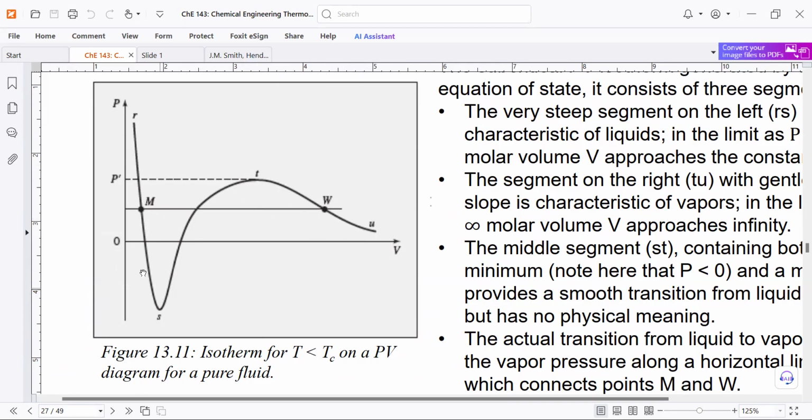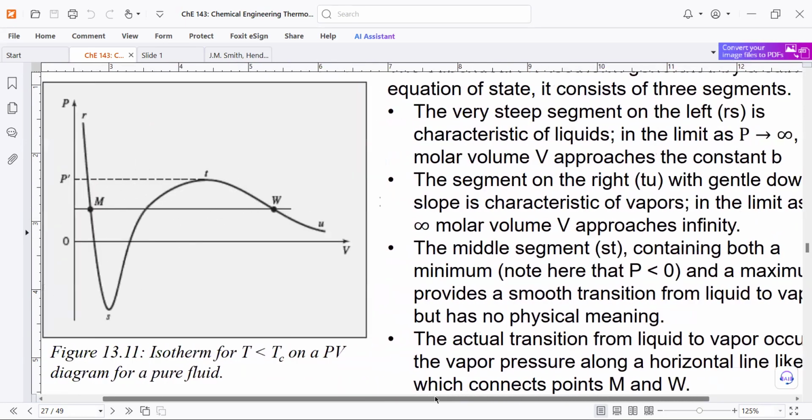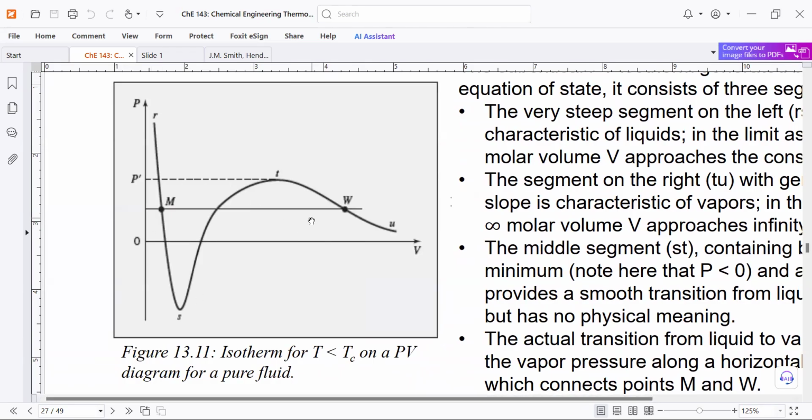This middle segment describes the transition between the liquid and vapor phases, but we know that it has no physical meaning. We already discussed this in Chewan 142, that this segment has no physical meaning. And this is just the consequence of using a cubic equation of state.